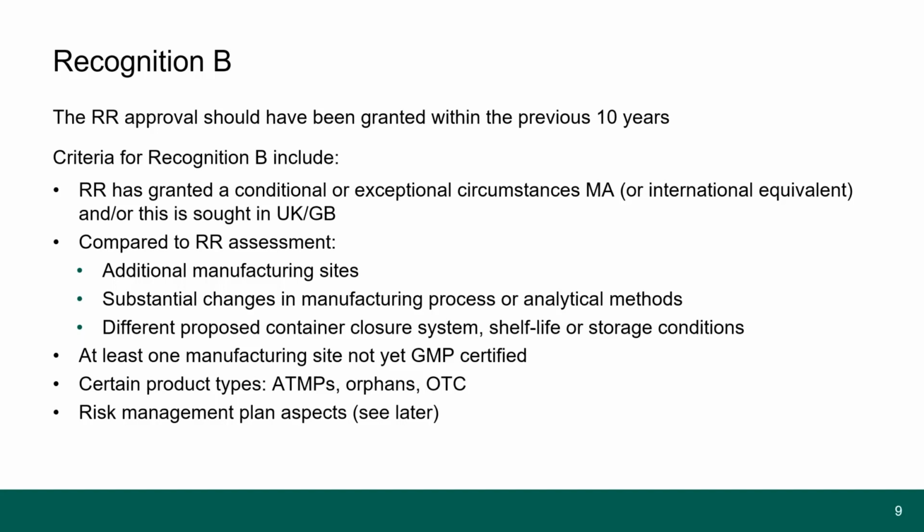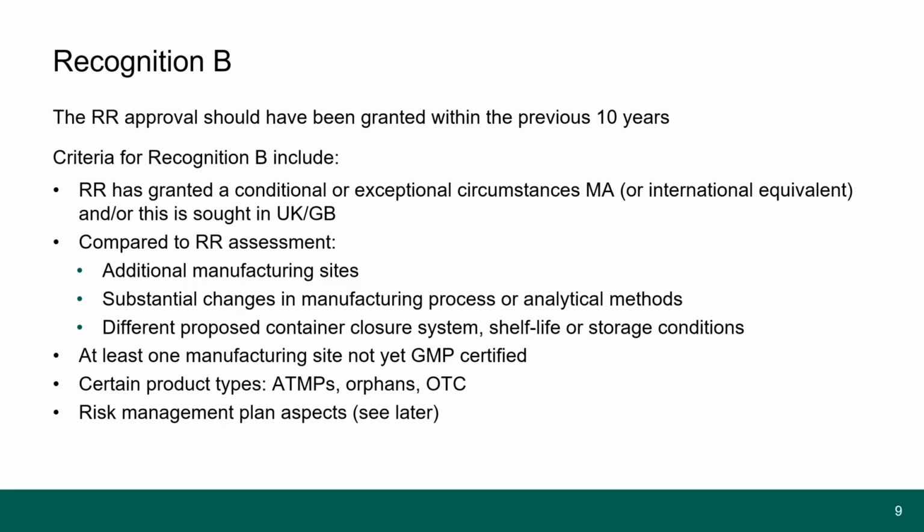And the other criteria include if the reference regulator has granted a conditional MA or MA under exceptional circumstances, or the international equivalent of that, and/or this is sought in UK or GB, then a recognition B will apply.